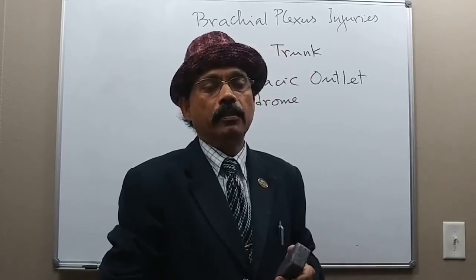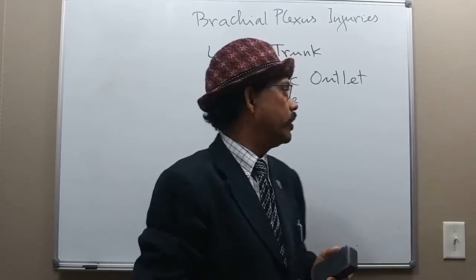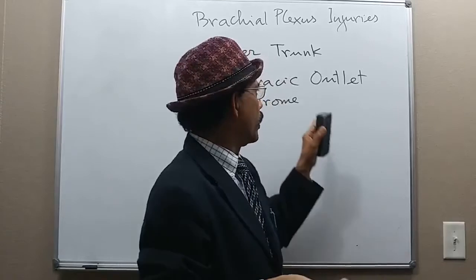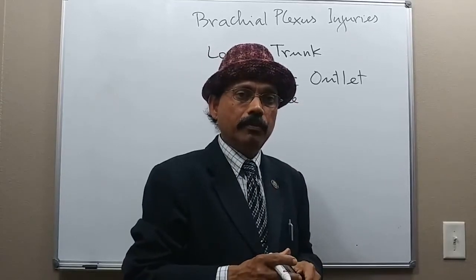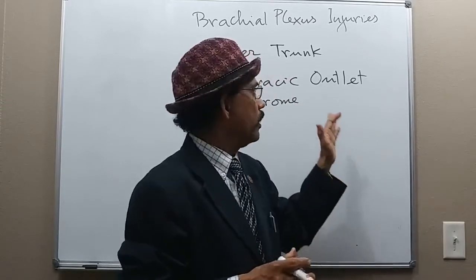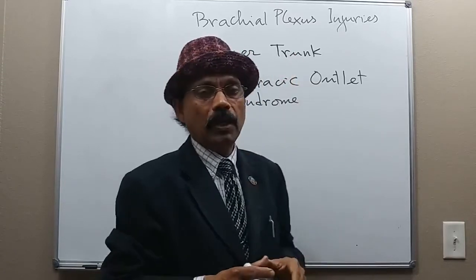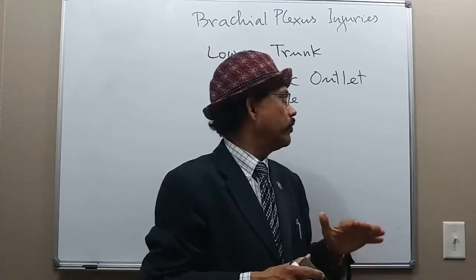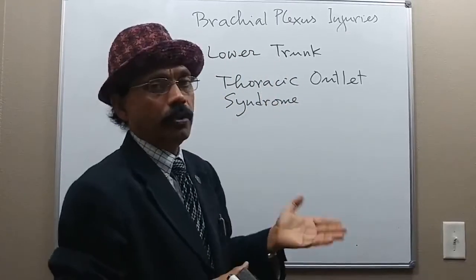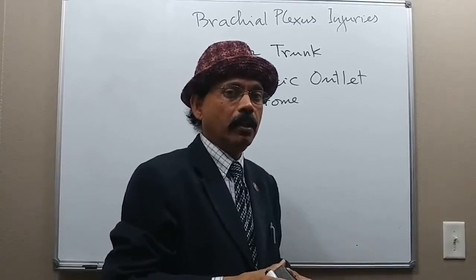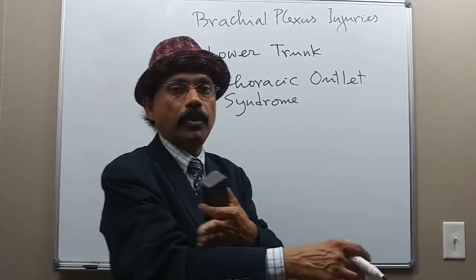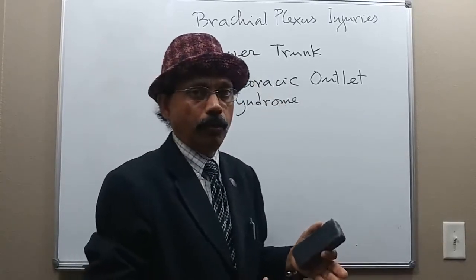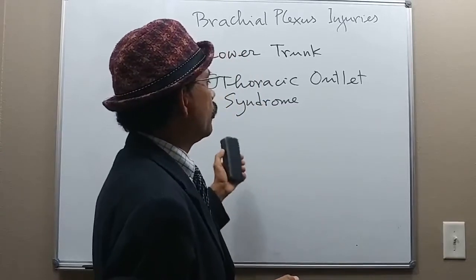Okay, and that may extend to the upper surface of the first rib, and the lower trunk may be elevated there over the cervical rib, and the lower trunk of the brachial plexus plus the subclavian artery both may be compromised or compressed in thoracic outlet syndrome by the cervical rib. We may have vascular problems in the upper extremity, maybe nervous problems due to lower trunk non-functioning in thoracic outlet syndrome.